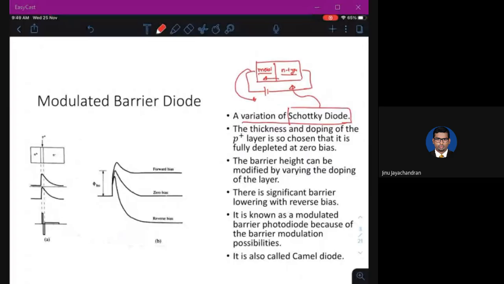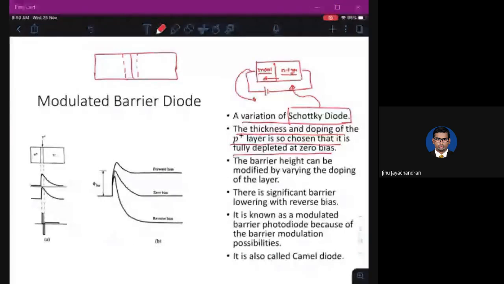Modulated barrier diodes are actually a version of the Schottky diode. In this case, we are not using any kind of metal, but instead we have a layer whose thickness and doping is so chosen that it is fully depleted at zero bias. Normally in a normal PN junction, you will have a small junction here, which is called a depletion region.